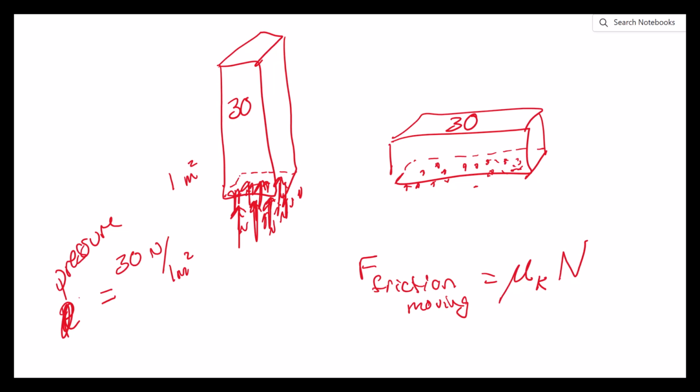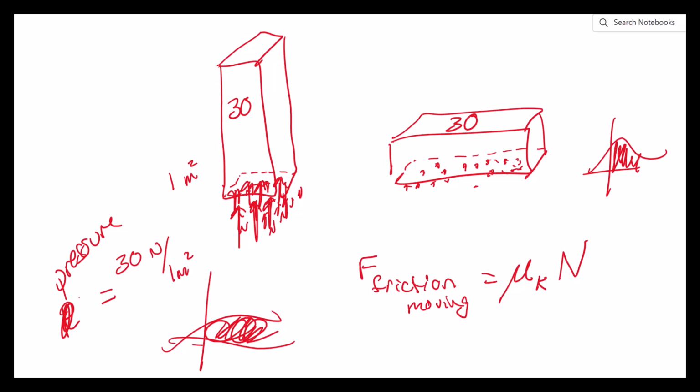The sum of all the normal forces, the area under the curve, is the same. It's still going to be equal to 30. Each of the individual ones is bigger, so when you sum them and multiply by a constant, versus summing all the smaller ones and multiplying by a constant, it still comes out the same.